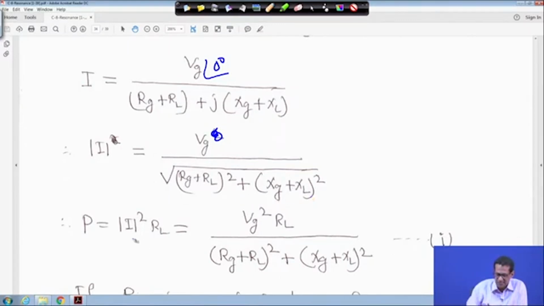Now P is equal to I squared R_L, which is VG squared R_L divided by R_G plus R_L squared plus X_G plus X_L squared. So this is equation 1, right.